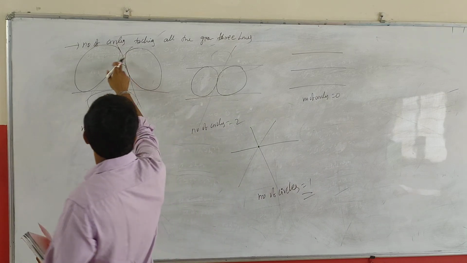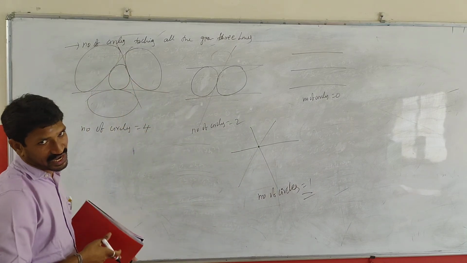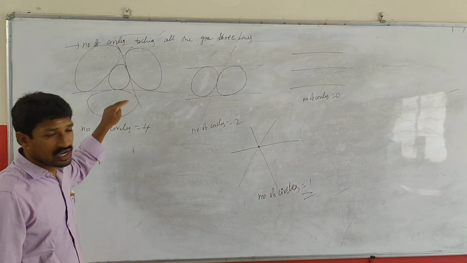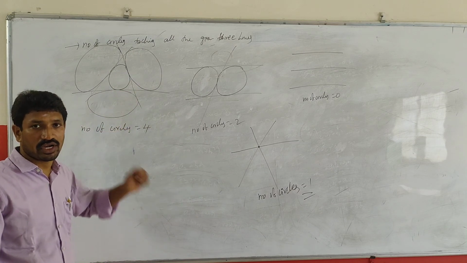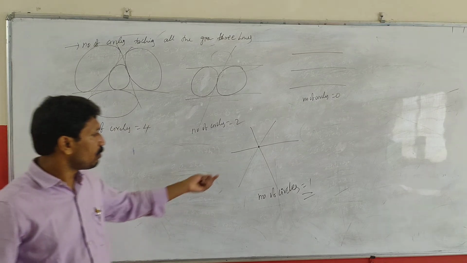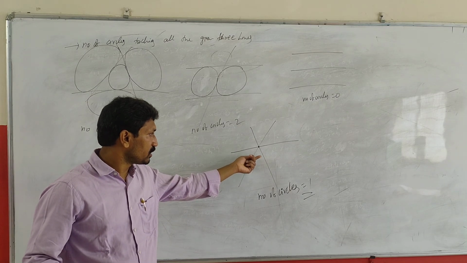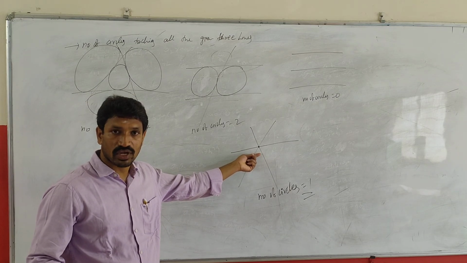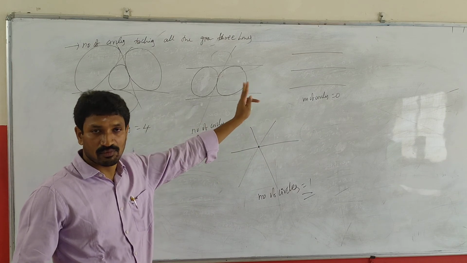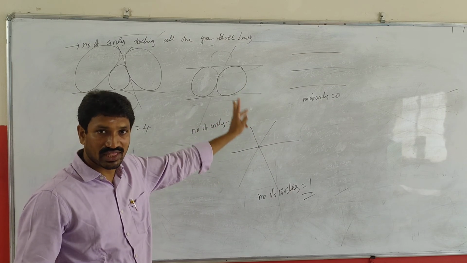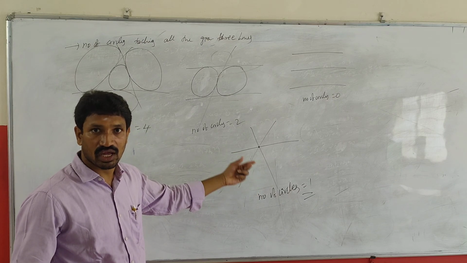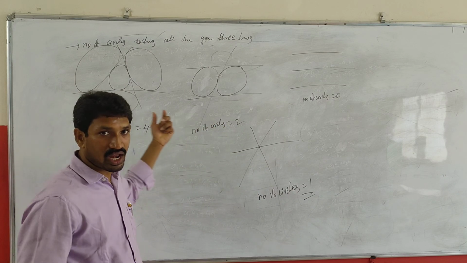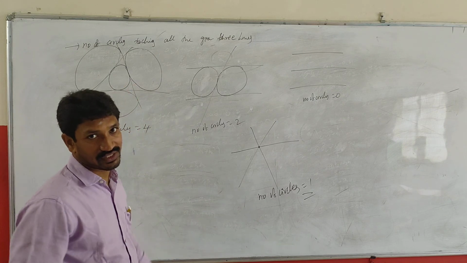If every two lines are intersecting, then 4 circles can be drawn. This is a very important concept. They won't ask, given 4 lines with 3 concurrent, how many circles. They give equations, like 2x plus 3y plus 4 is equal to 0, for 3 lines. We have to check whether these 3 lines are concurrent, parallel or intersecting lines. Check it once.